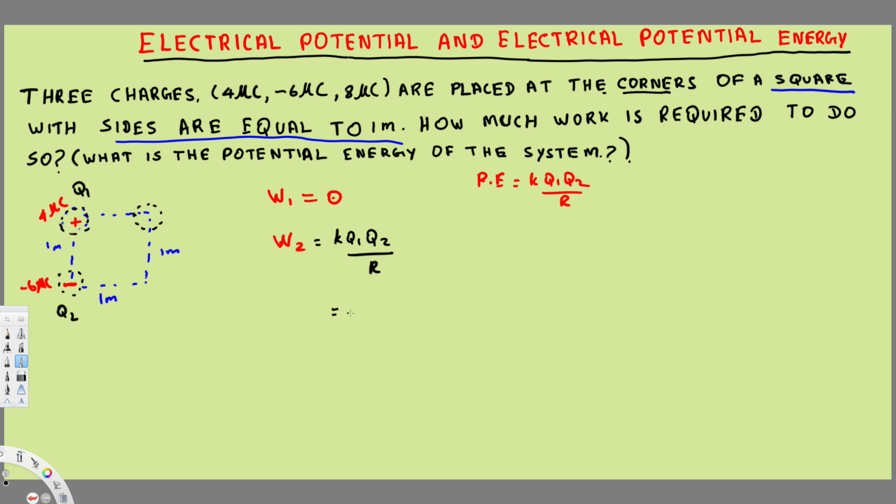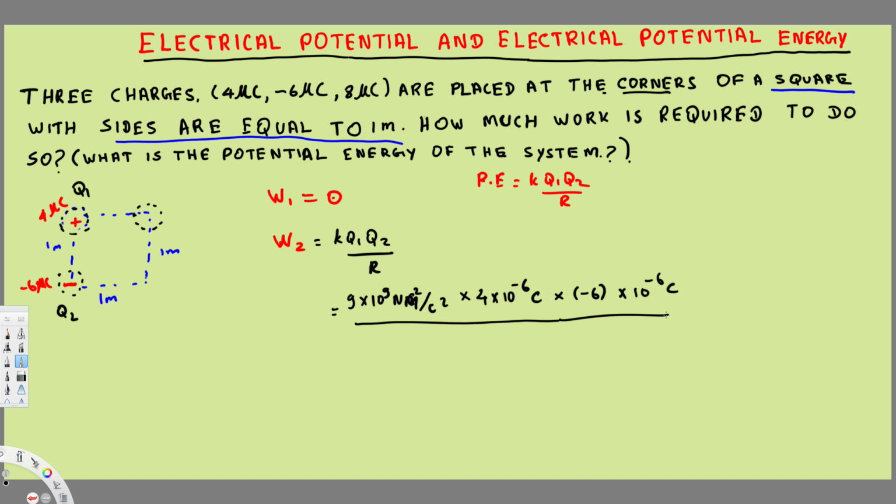So let's say R, because distance is going to be the same for everything. K is 9 times 10 to the power of 9 Newton meter square per Coulomb square, multiplied by the first charge, that is 4 times 10 to the power of minus 6 coulomb, and multiplied by the second charge, that is negative 6 times 10 to the power of minus 6 coulomb, and in the bottom distance is 1 meter.